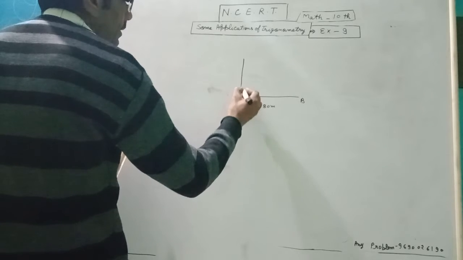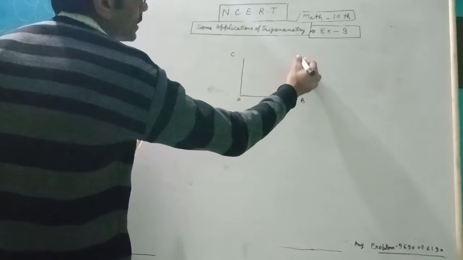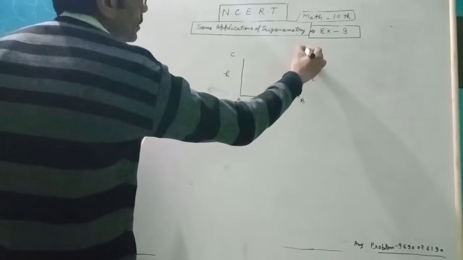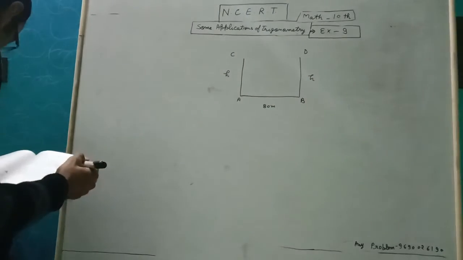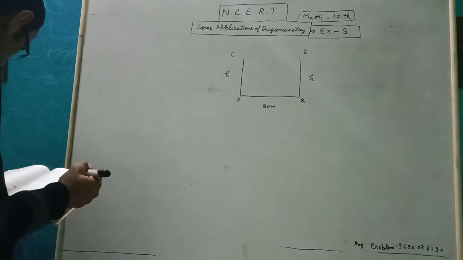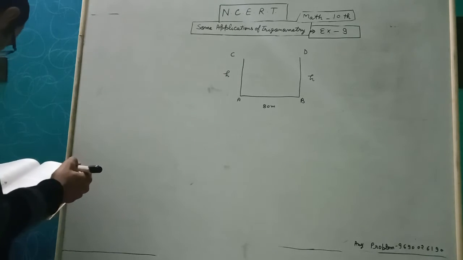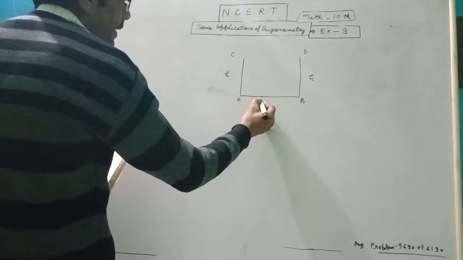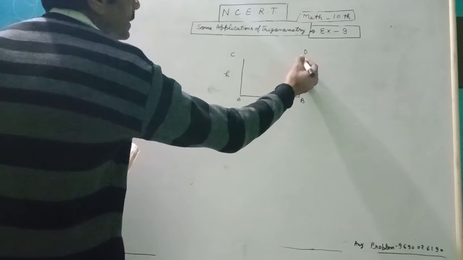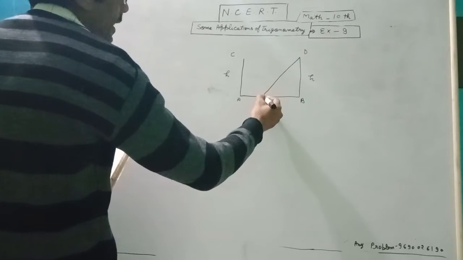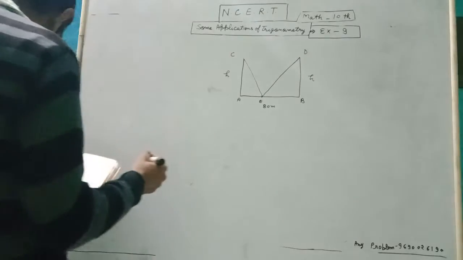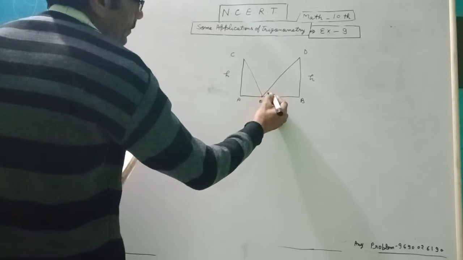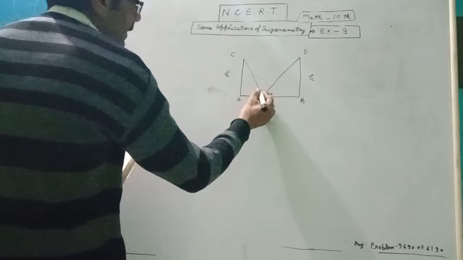AC or BD are two poles of equal height. From point E to C, one angle is elevation angle 30, the other angle is 60.